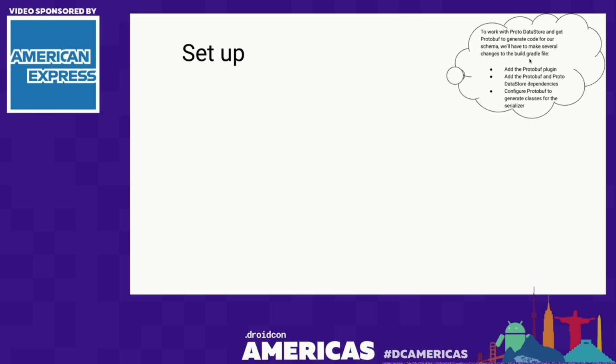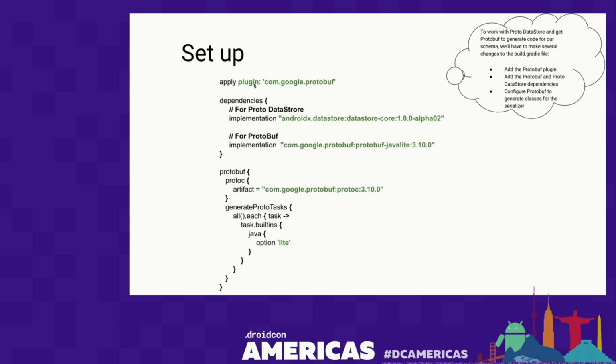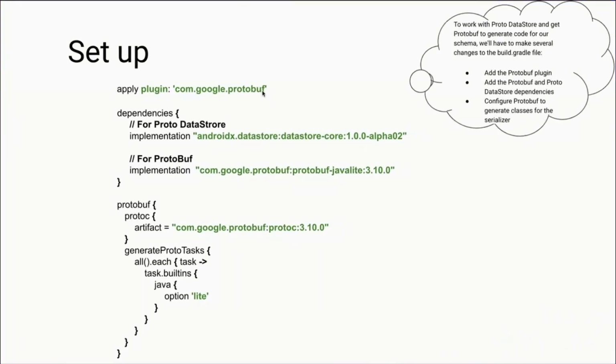So for now, if you talk about the Gradle dependencies, you need to apply a protobuf plugin at the top of your module. Inside the dependencies, there is datastore-core 1.0.0-alpha02, that is the version, and the latest version is alpha03, as I mentioned earlier. So for Proto DataStore, you need to have this dependency. For protoc, you need to have this implementation in your dependencies.